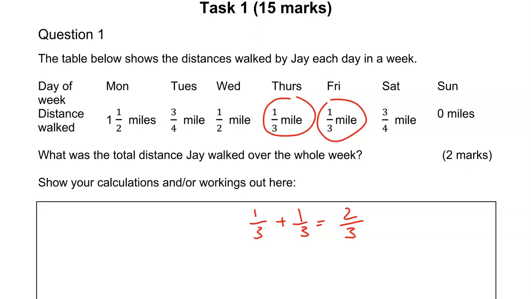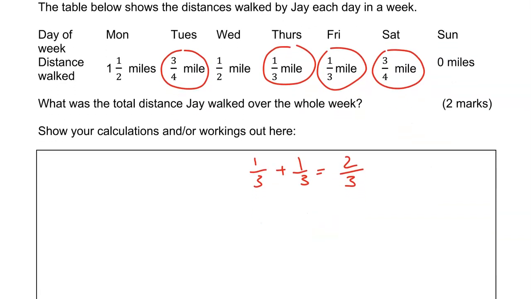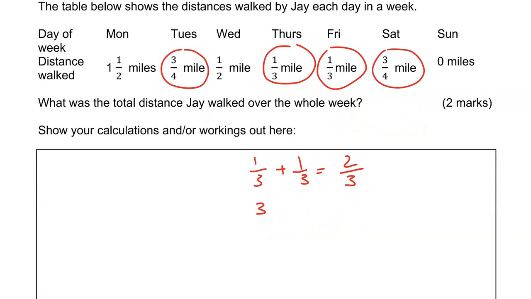So now we can look at quarters. We've got 3/4 and 3/4. That gives us 6/4, which is also 1.5.